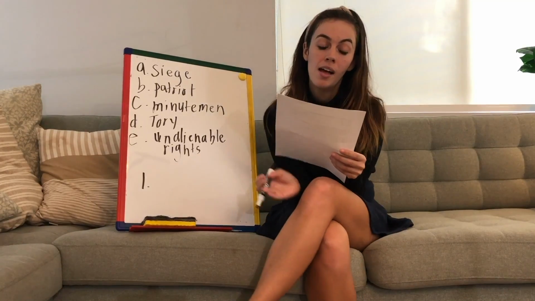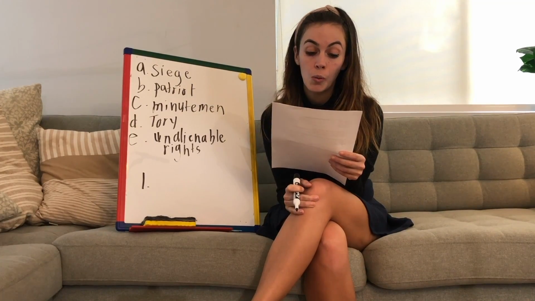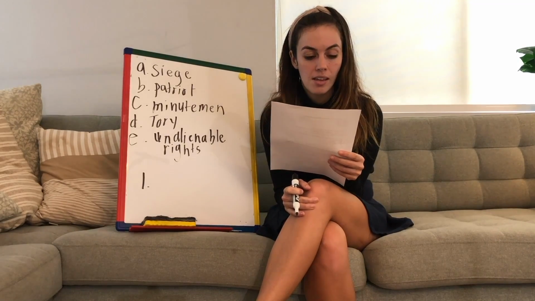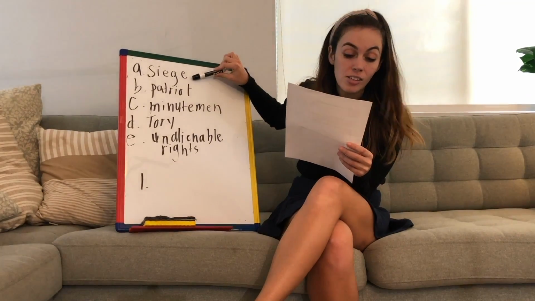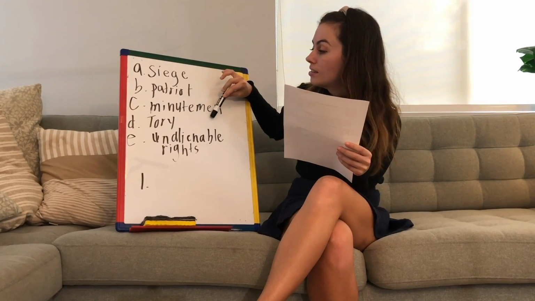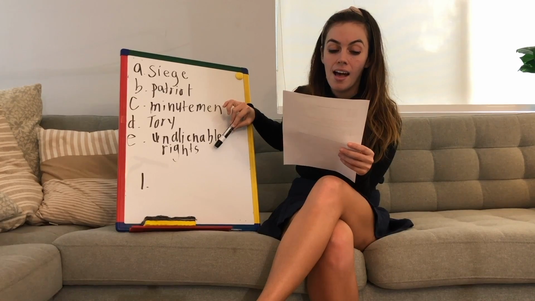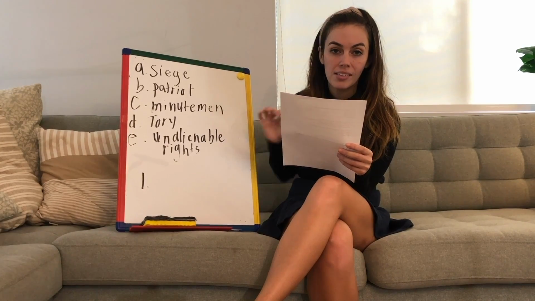Okay, number 1: colonists who were ready to fight with hardly any notice. Was that A, siege, B, patriot, C, Minutemen, D, Tory, or E, unalienable rights?